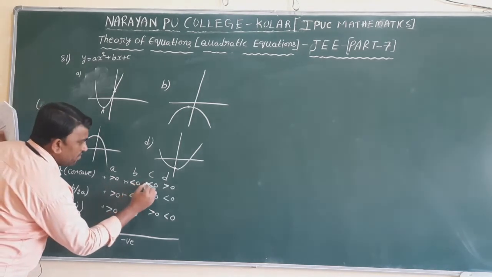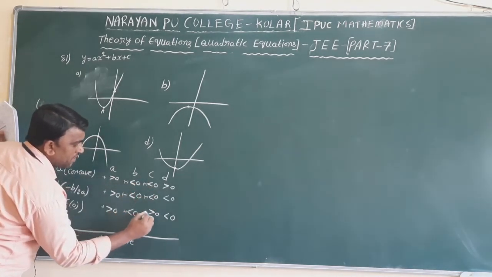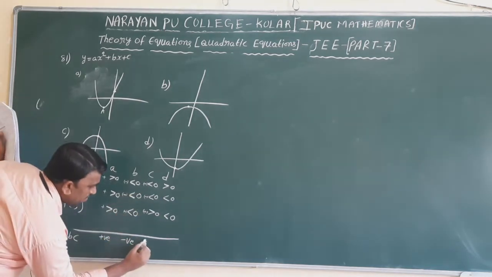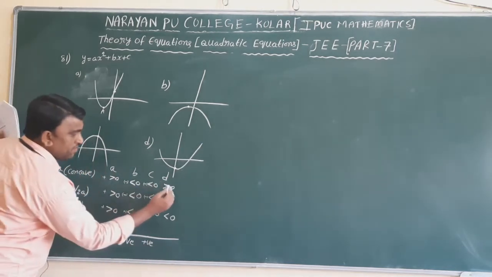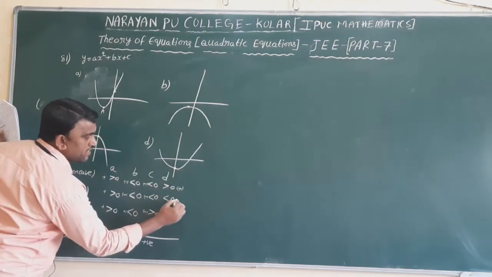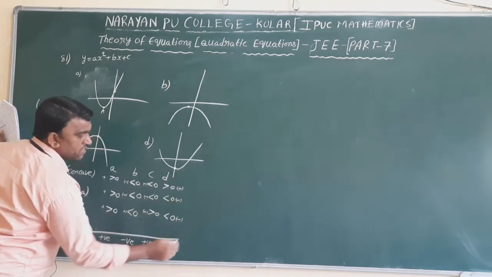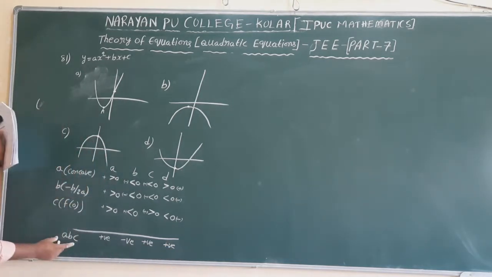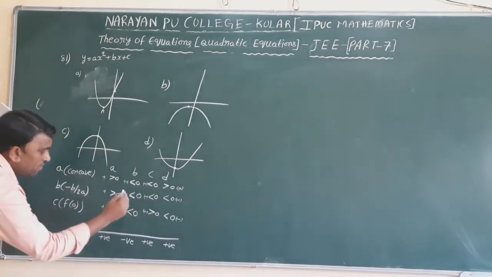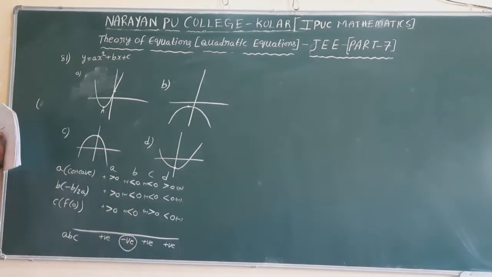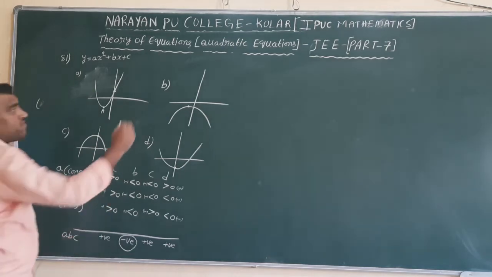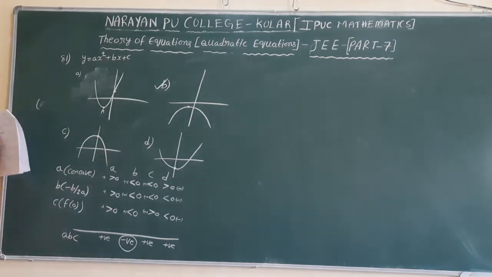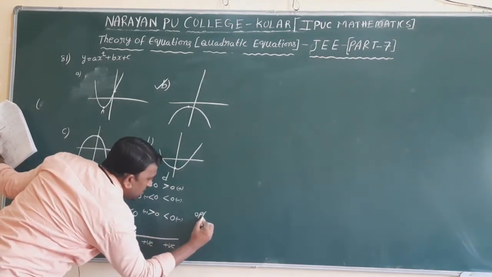Here this is minus minus plus, greater than 0 means minus into minus plus, plus into plus plus only. This one same thing, greater than 0 plus, less than 0 minus, less than 0 minus, plus into minus minus, minus into minus plus. But we want the product to be negative. Which one gives a negative product? Only option B gives a negative product. That's what the second graph is correct for according to the given options. So option B is the correct one.